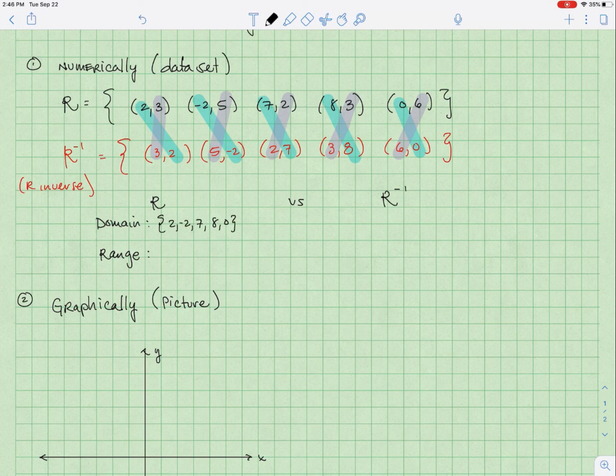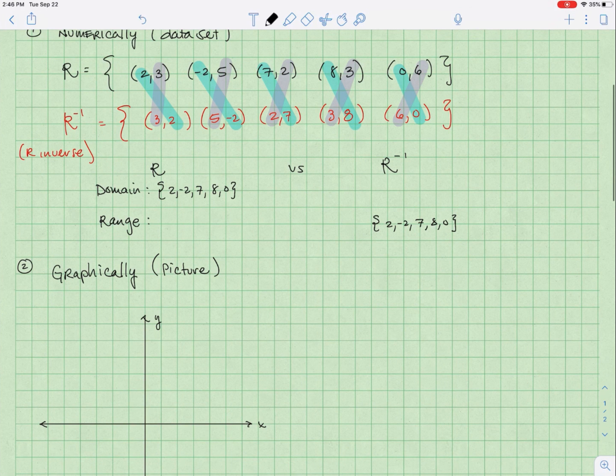And that corresponds exactly with the range, 2, -2, 7, 8, and 0, of output values for the inverse. And the range of R, which is the purple values, 3, 5, 2, 3 we won't repeat, and then 6, are also the same as the domain values for R inverse, 3, 5, 2, and 6.